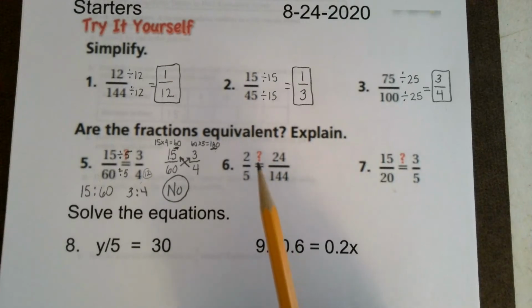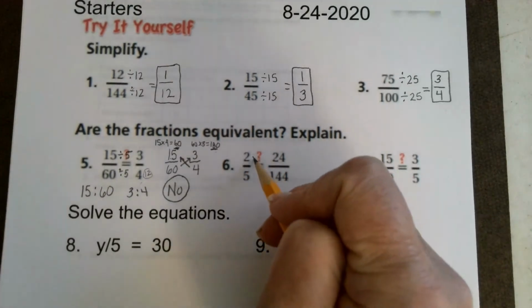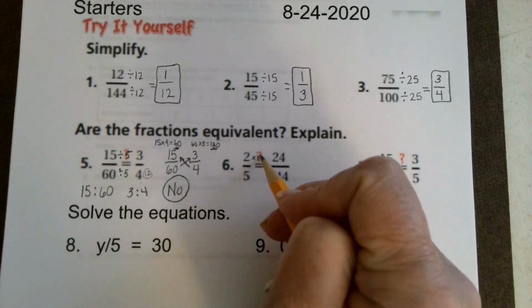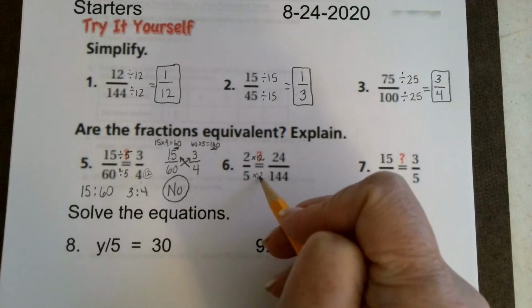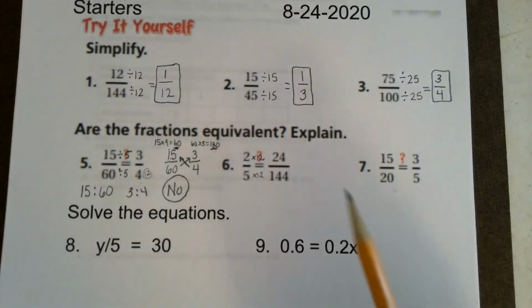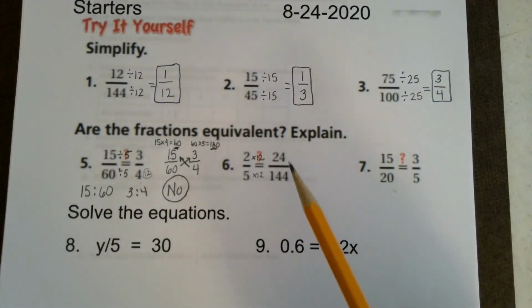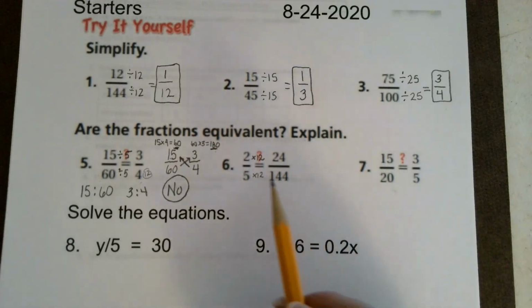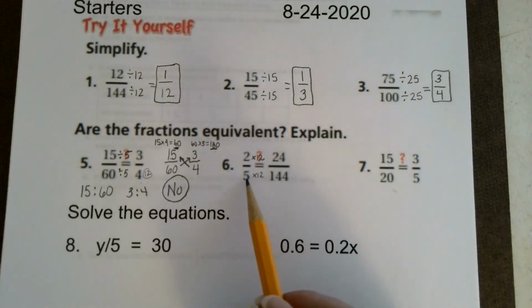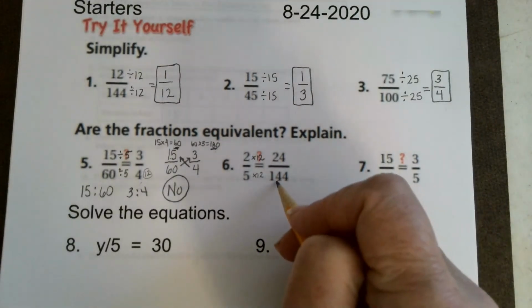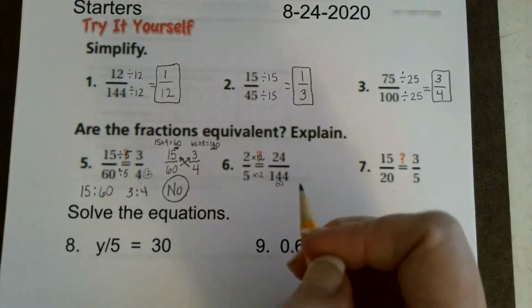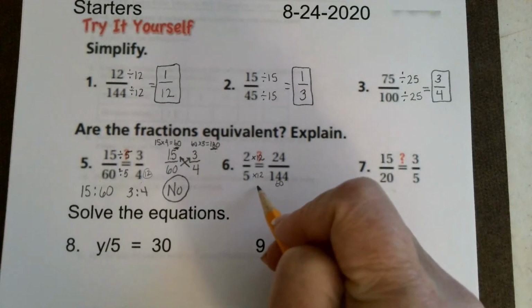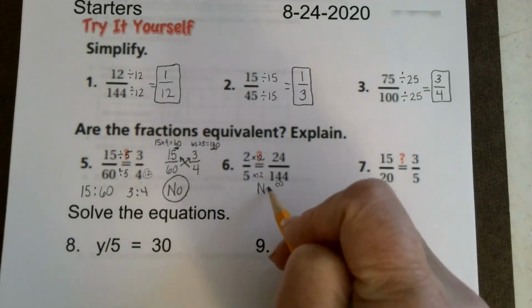We can do it either way. We can do 2 times what equals 24, and that would be 2 times 12. And so whatever we do on the bottom, we have to do on the top, and whatever we do on the top, we have to do on the bottom. 5 times 12 is 60. It is not 144. So those two are not equivalent. That would be a no.